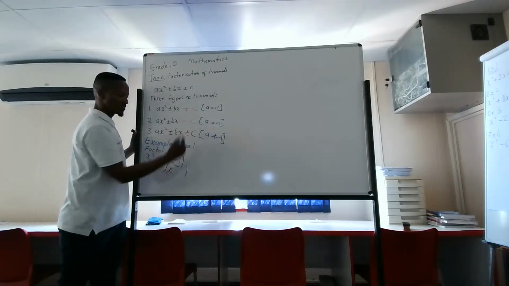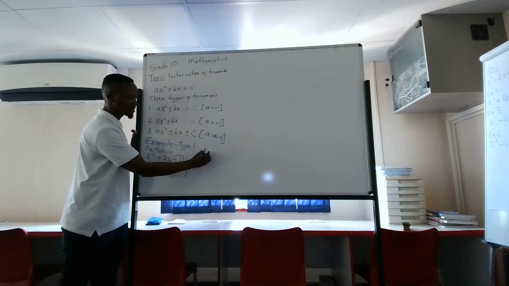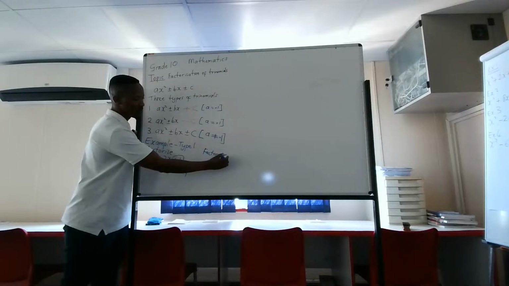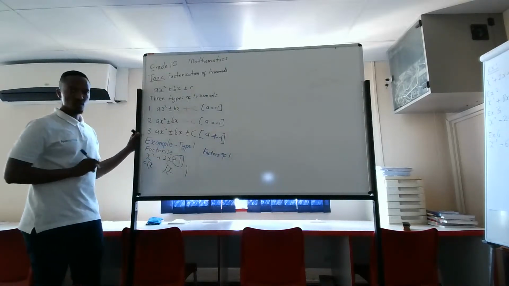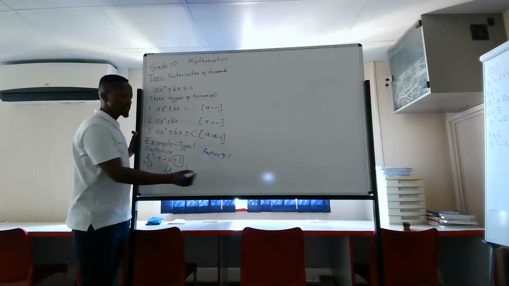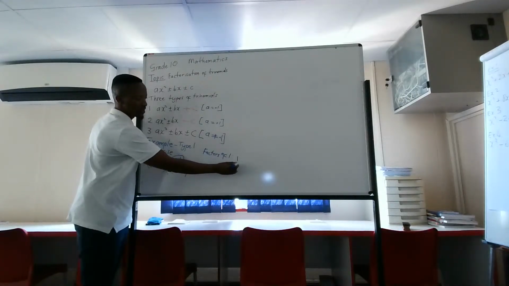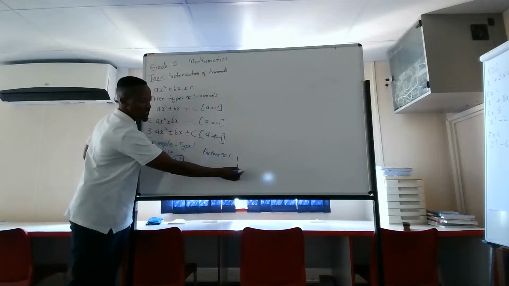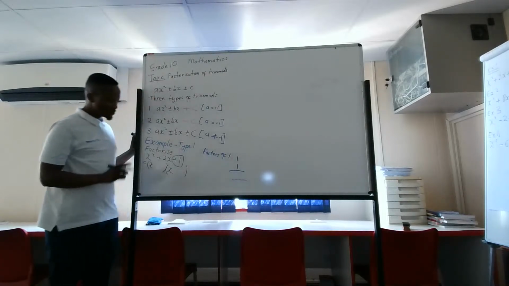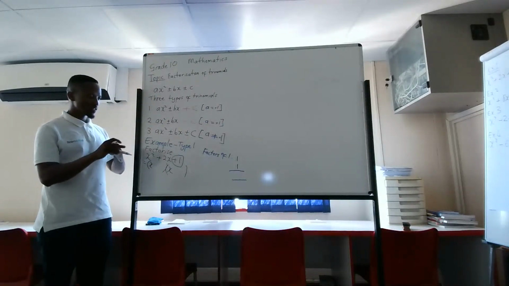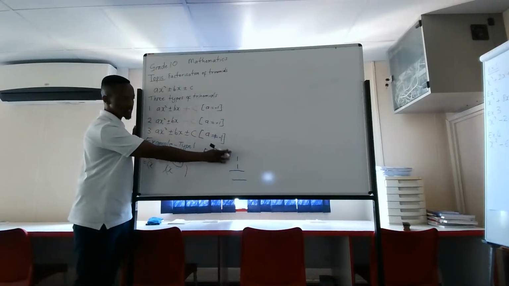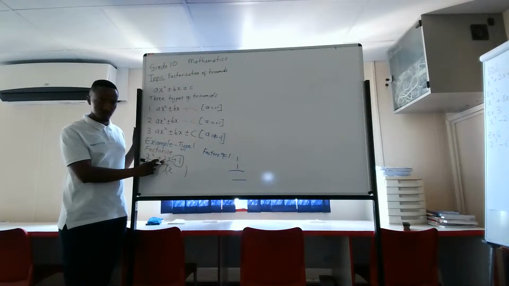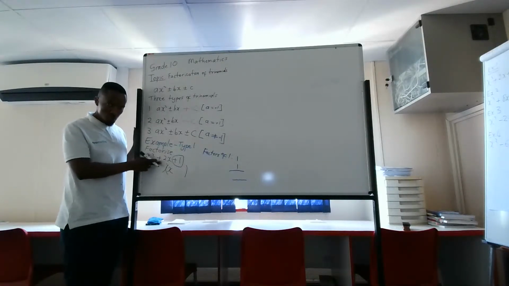Now on the side, you will have factors. You can use your scrap page. Let's look at the factors of 1. The factors of 1 are 1 and 1. Now, with the factors of 1, we want to add or subtract these factors such that they give us the middle term, which is positive 2.